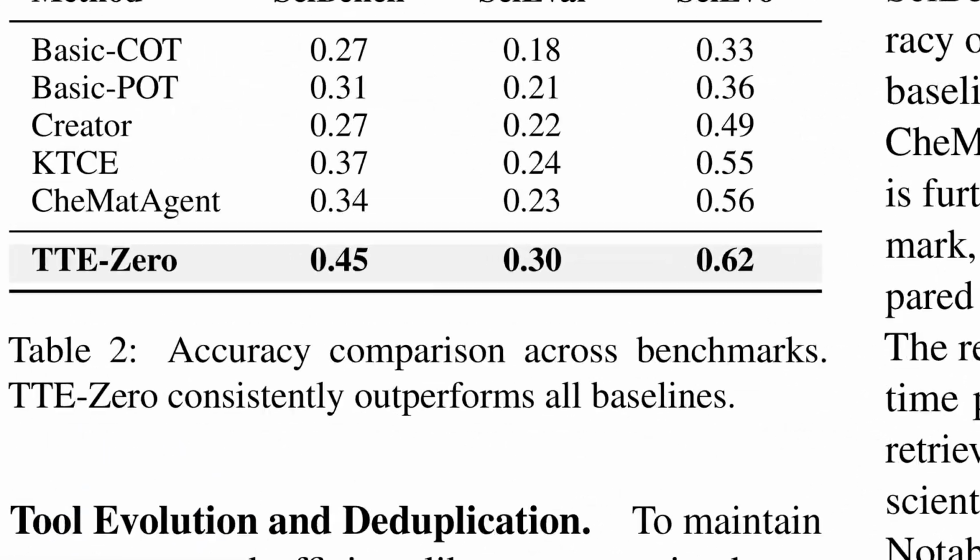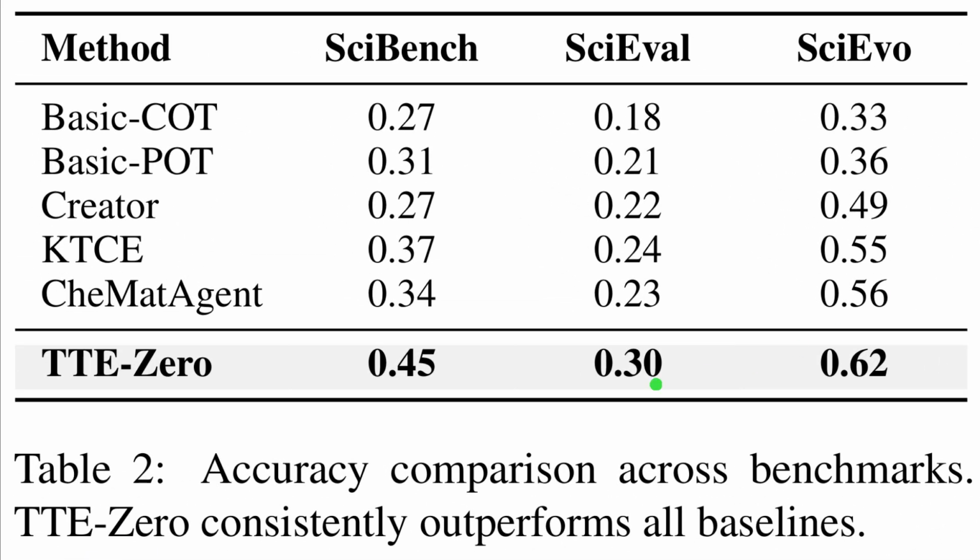Alright, having seen how the system works, Table 2 presents the main accuracy results across 3 benchmarks: SciBench, SciEvil, and SciEvo. The top section lists the baselines, ranging from basic chain-of-thought prompting to specialized agents like Creator and KTCE. In contrast, the bottom row highlights TTE 0, which consistently outperforms every other method.